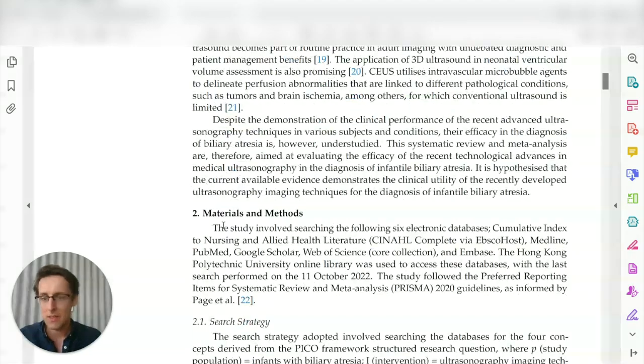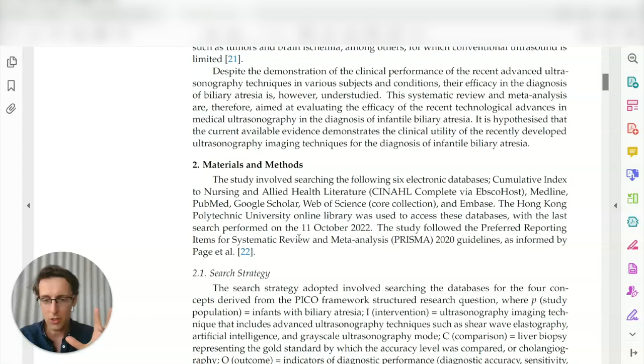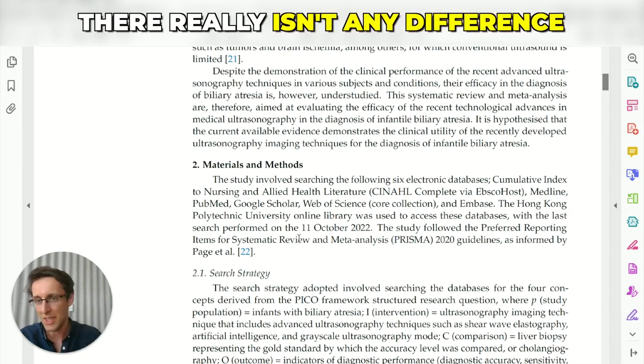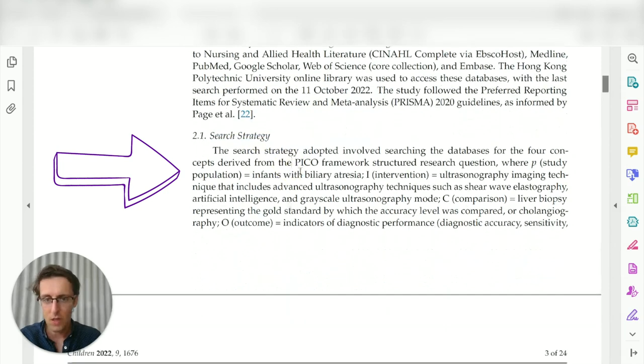Now, in terms of the materials and methods, there are 2 ways in which you can really structure it. The first one will be exactly the same as you would structure either a systematic review or a meta-analysis materials and methods section. There really isn't any difference, because first you discuss the search strategy, okay?